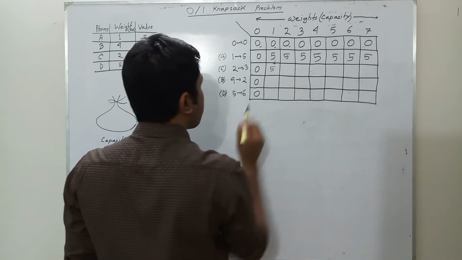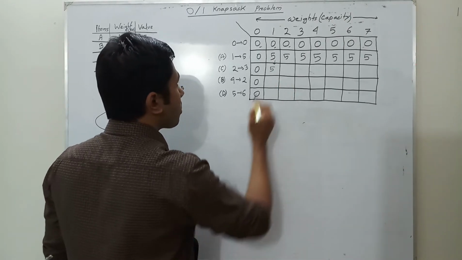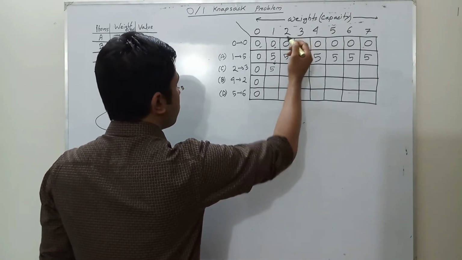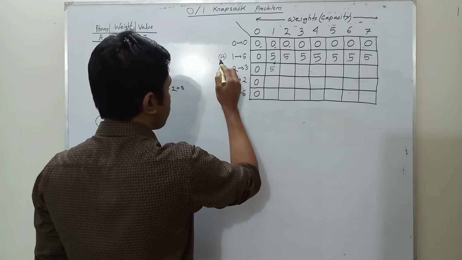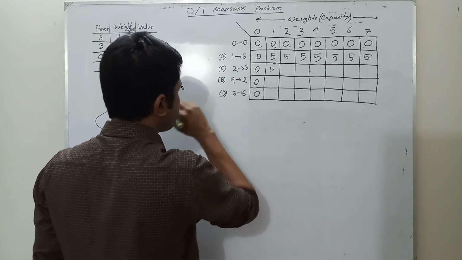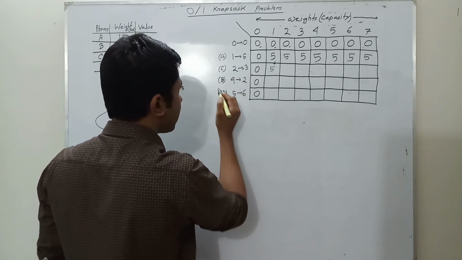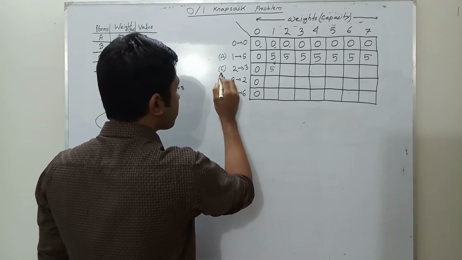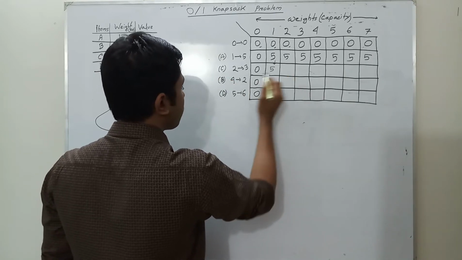Now for this field, the capacity of the knapsack is 2 and I have these two items A and C, and now we will see whether I can use the item C for this field or not.